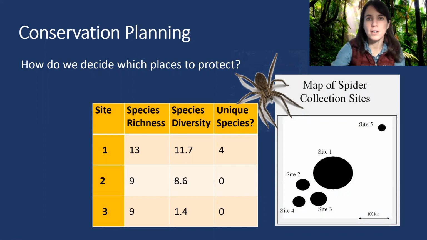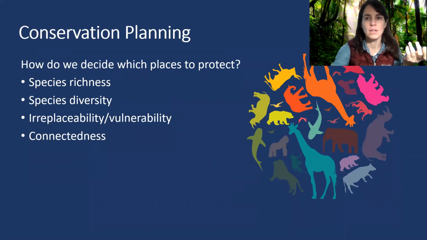So now that you're further along in the class, you have enough knowledge base to learn the other pieces that come into play. Okay, so when we are deciding which places to protect as conservation planners, we do consider species richness and species diversity, of course. Those are important.